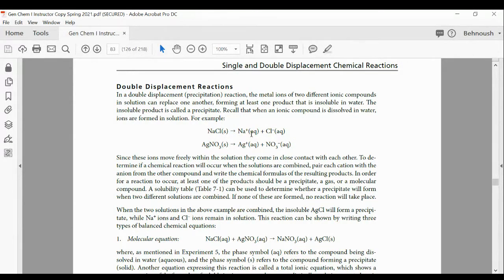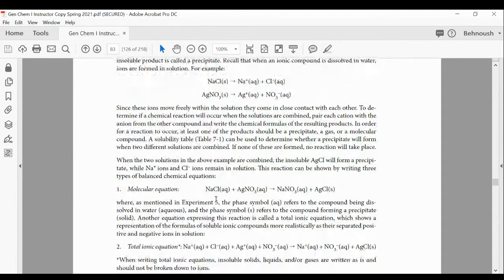Let's say you have aqueous sodium chloride and aqueous silver nitrate, and your product is silver chloride. Silver chloride is a solid. So if the combination of these two aqueous solutions would yield the formation of a solid, the reaction will take place.